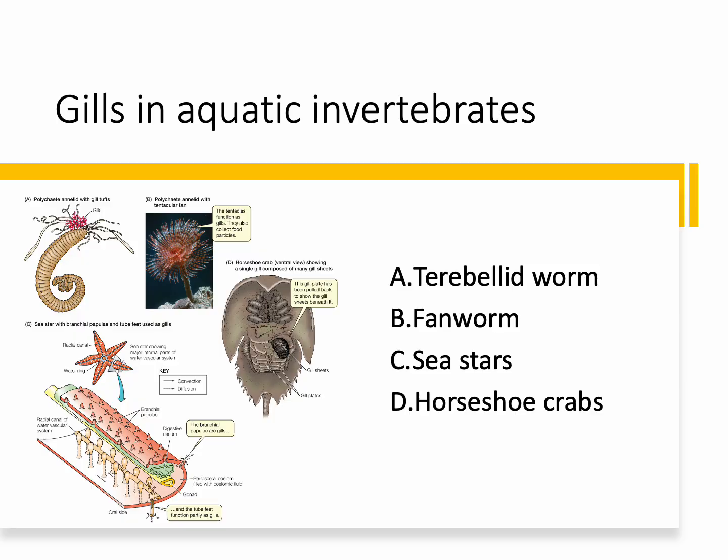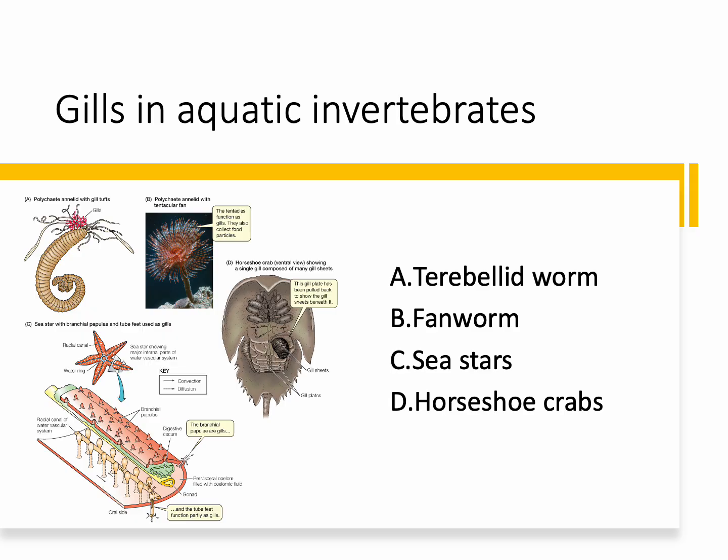Okay, we have 4 more examples of gills in aquatic invertebrates. So these are organisms that are going to have gills, right? The terebellid worm is a type of annelid that lives inside a tube, and it pumps water in and out of the tube, and the gills in there get bathed with the water and the gas exchange happens there.